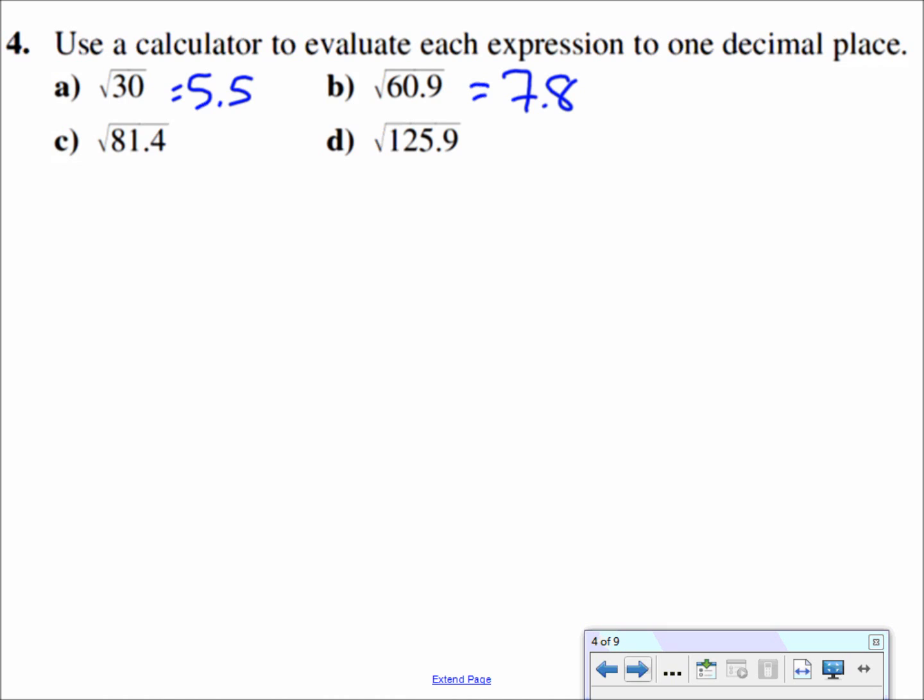Did you guys get 9.0 for C then? Okay, B, I got 7.8. Thank you, Demar. And for D, I got 11.2. Okay, awesome. Again, this is just square root, no big deal. We can do cubed roots, we can do all of these other things, but this is just squared.